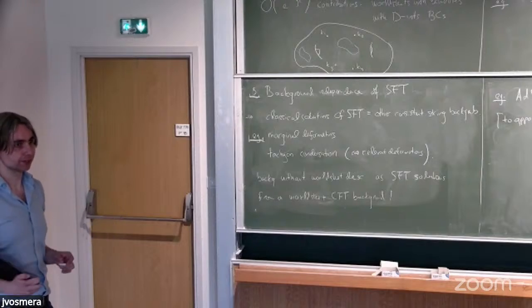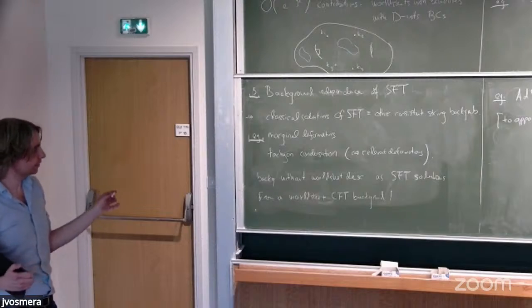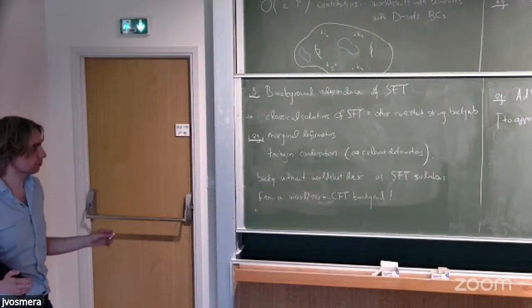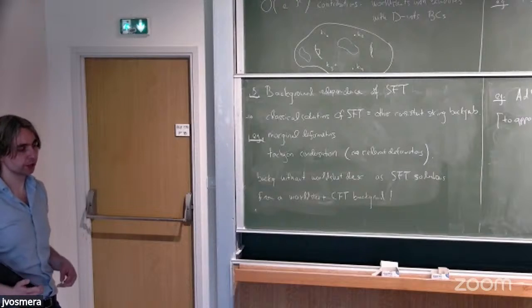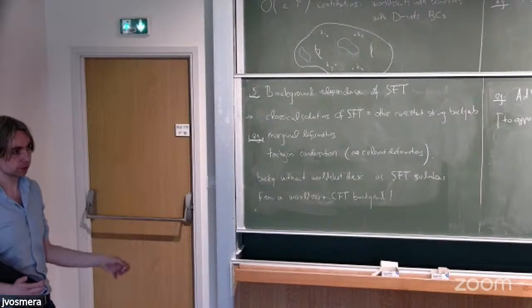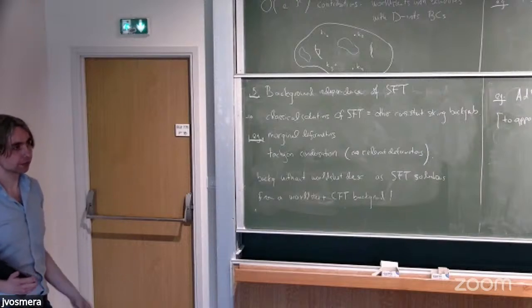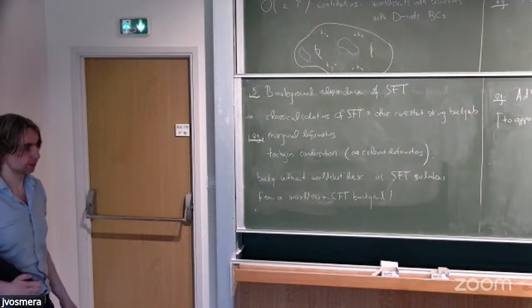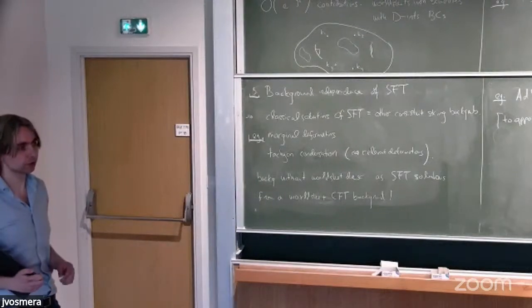But then there are examples. There is a famous example of the tachyon vacuum in open string field theory, which is a solution that is non-perturbative. It is not connected to phi equals 0, right? And at the same time, it was proved to be a good solution of the SFT equations of motion.